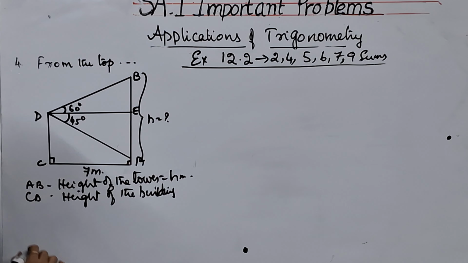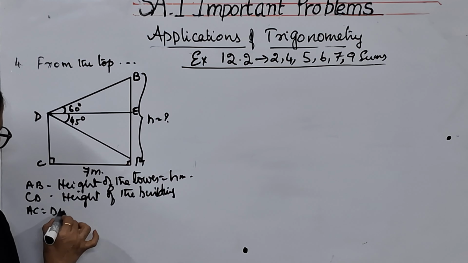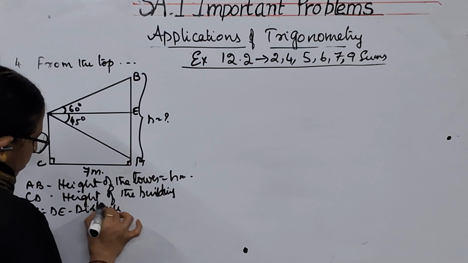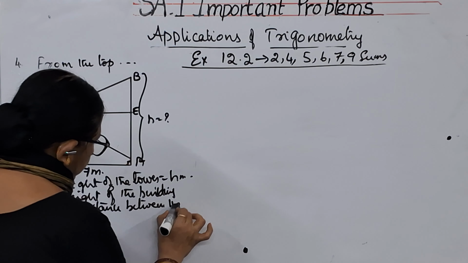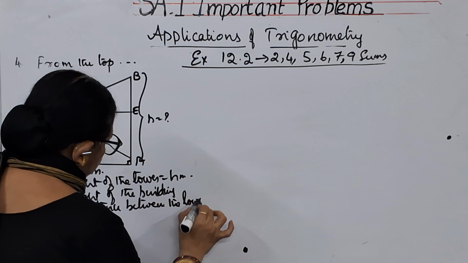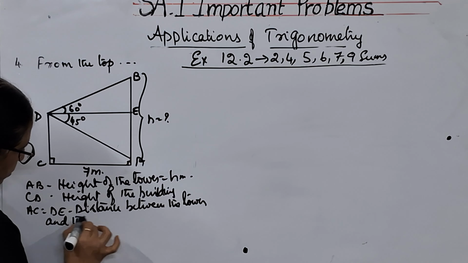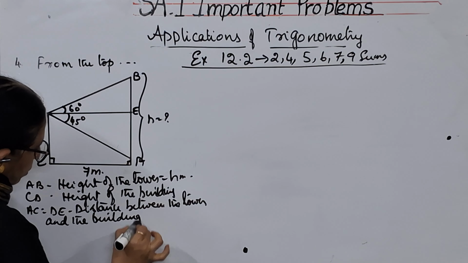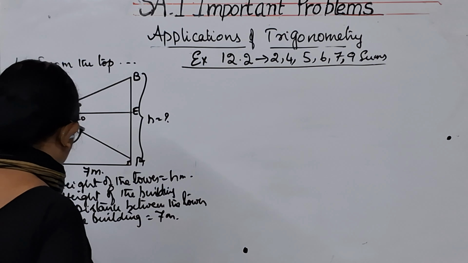Okay, then AC is equal to DE, the distance between the tower and the building. How much they have given? 7 meters is the distance.